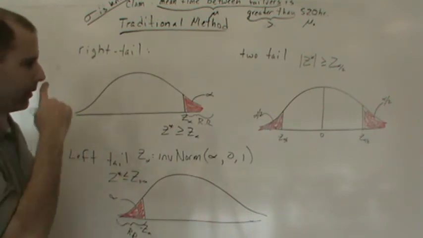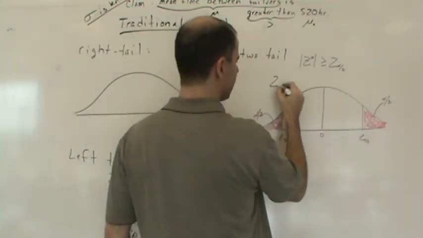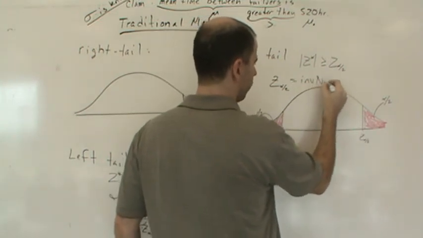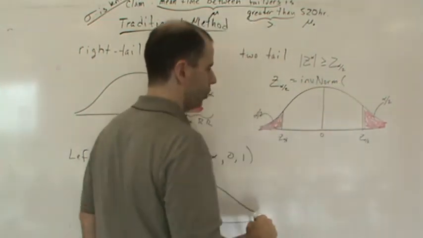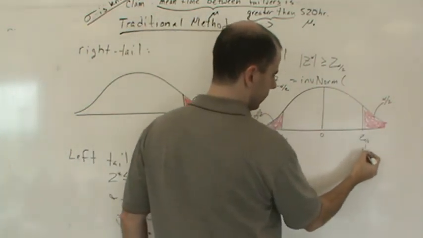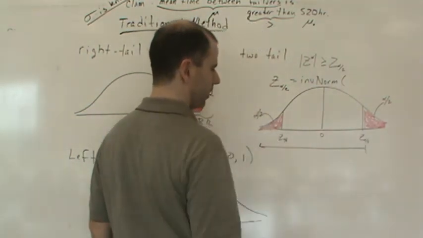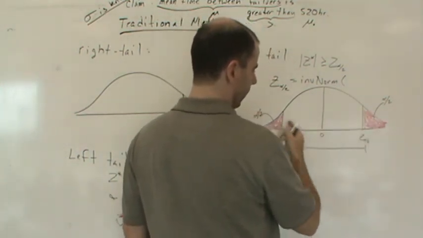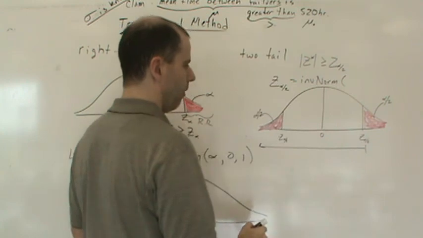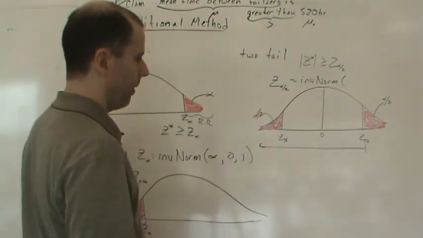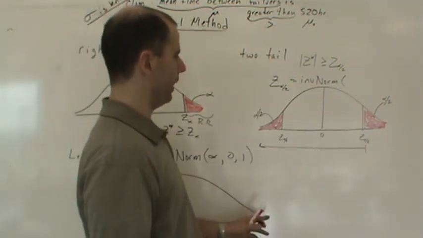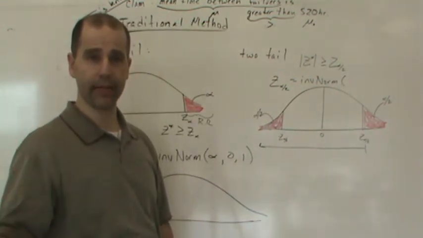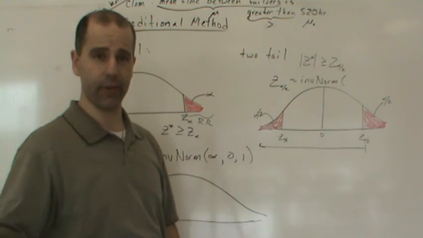Now, to find our z alpha divided by 2, we take the area to the left of this value. The area to the left is going to be the middle area plus the left tail. Remember, the confidence level is 1 minus alpha, just like alpha is 1 minus the confidence level.